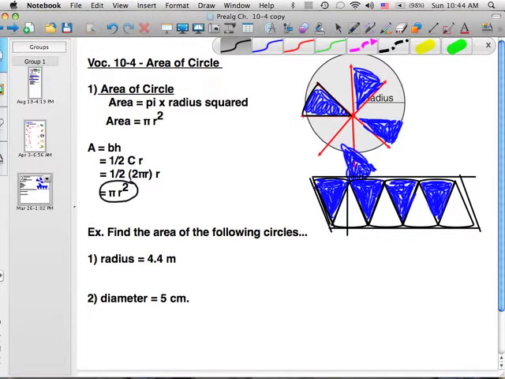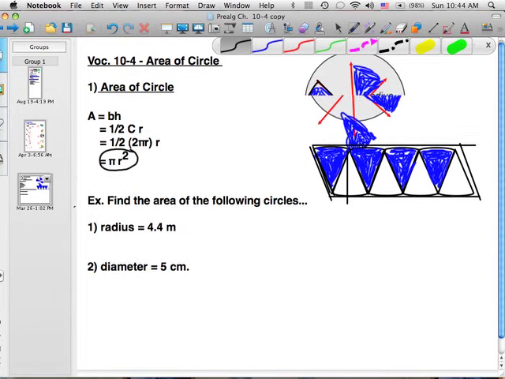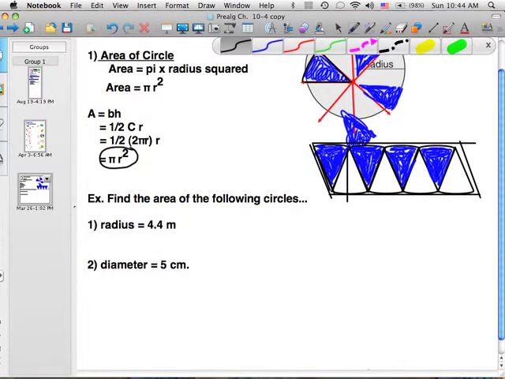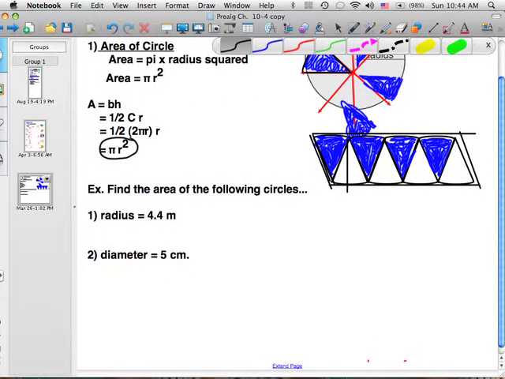So if I wanted to find the area of a circle with a radius of 4.4, I would say area equals pi r squared, which equals, I checked to see if I use 22/7 or 3.14, but 4.4 is not divisible by 7, so I'm going to use 3.14 times 4.4 squared.